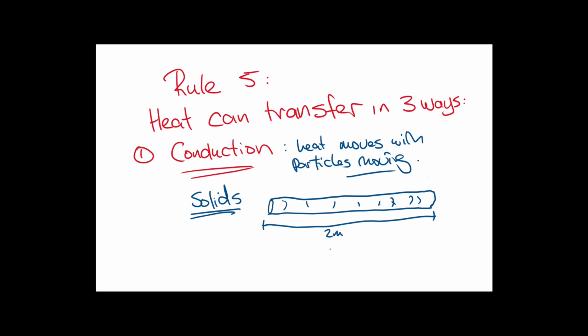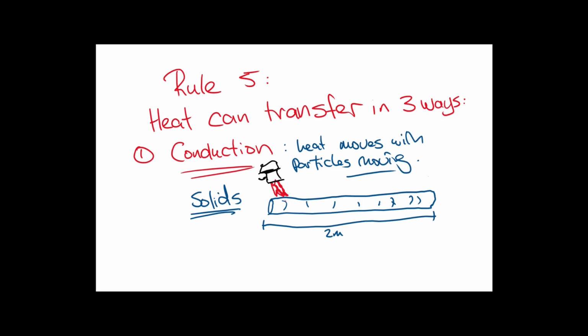So let's say it's 2 meters long. What's going to happen if we take a blowtorch and apply heat here? So we have some blowtorch gun, and we basically heat up this end. What's going to happen is that the whole bar is not going to heat up straight away. Eventually it will.